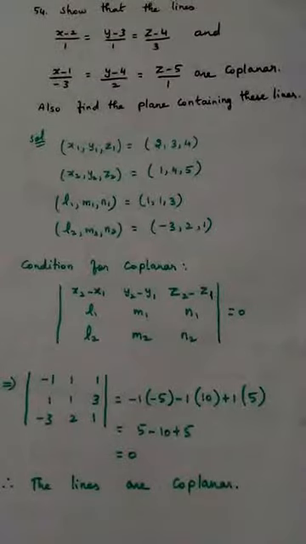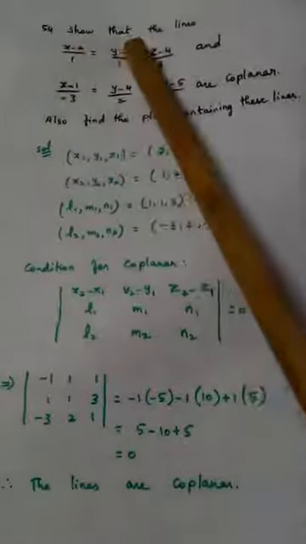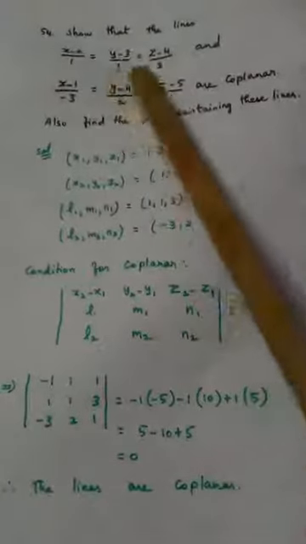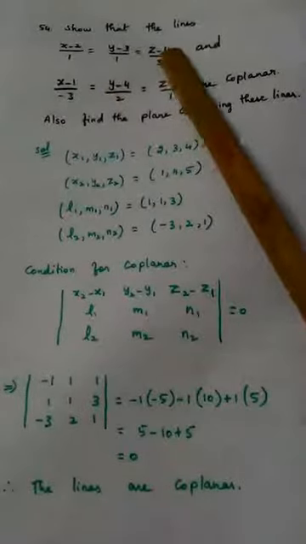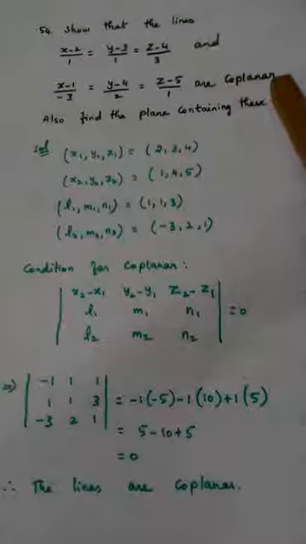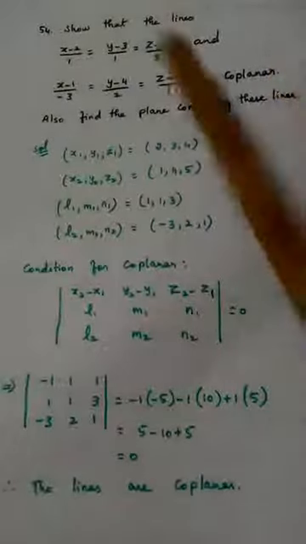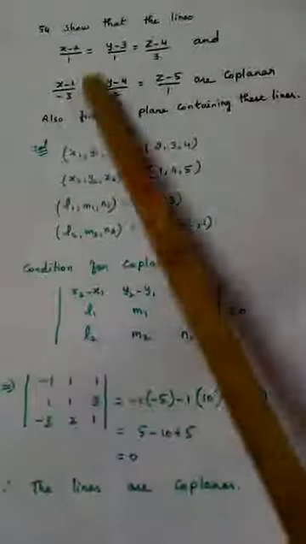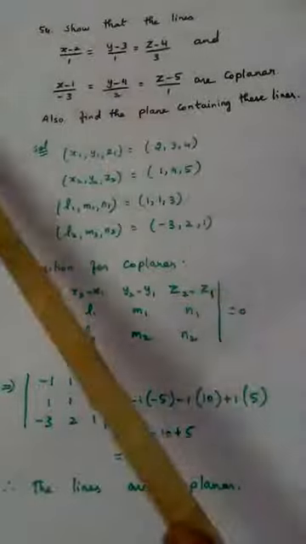Question number 54. Show that the lines, this is the first line, in Cartesian form, and this is the second line, are coplanar. Even if you see problem number 53, it is the same thing, but there the two lines are given in vector form. Here two lines are given in Cartesian form.